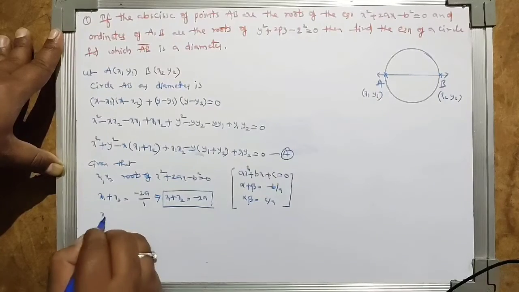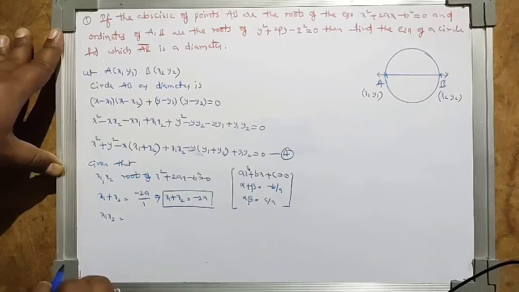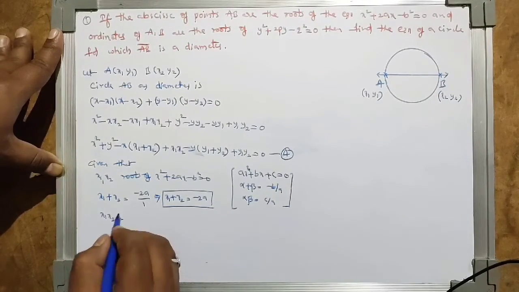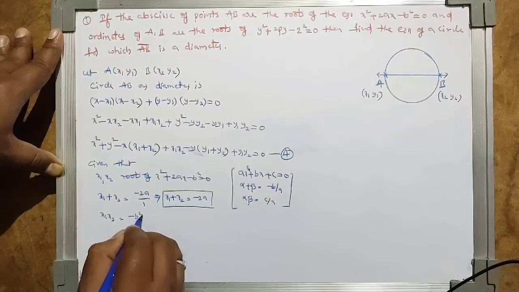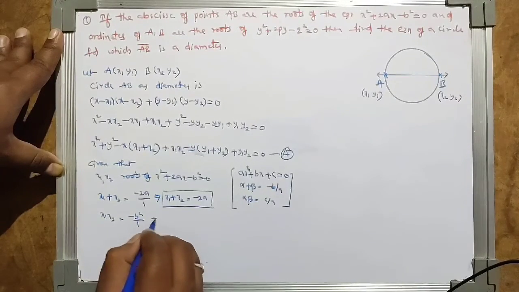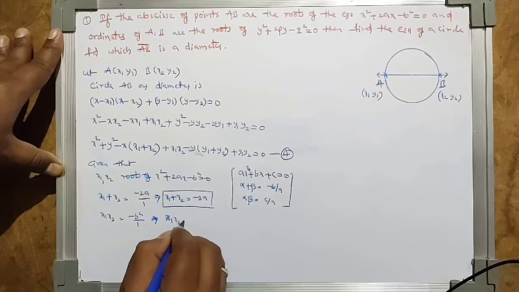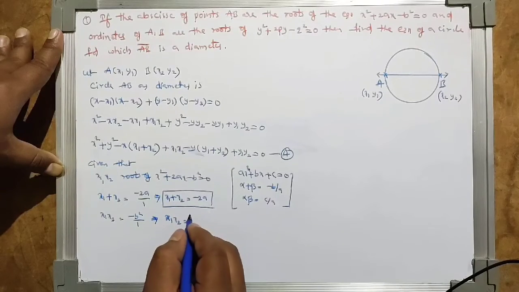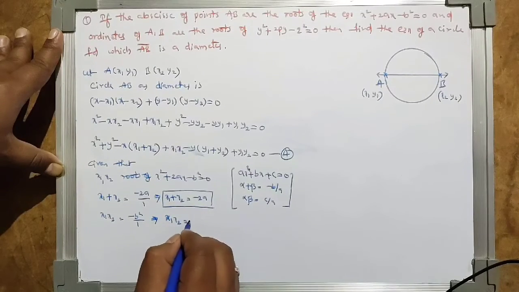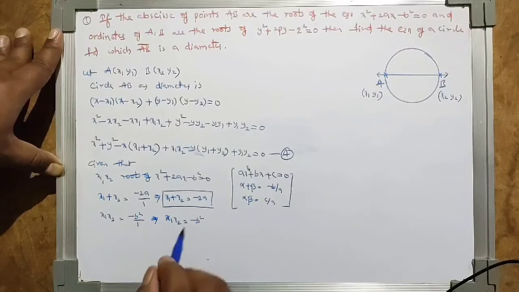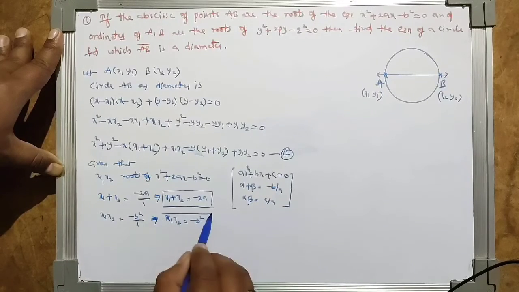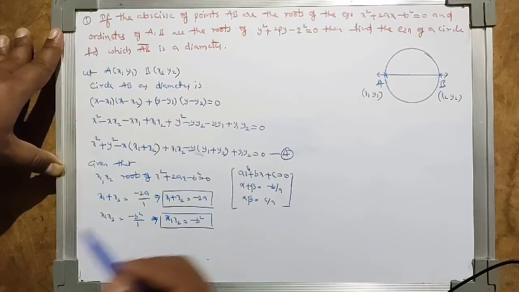And x1 into x2, the product of roots, is c by a, that is minus b square by 1, so x1 x2 is equal to minus b square.